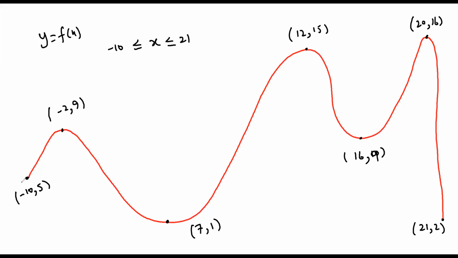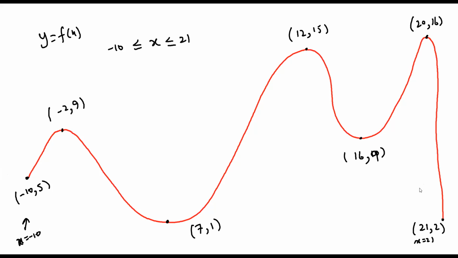So that means this graph starts from x equal to -10, and ends at x equal to 21. So you have to see that within this, what is the range? You know, range in statistics means the maximum minus the least.